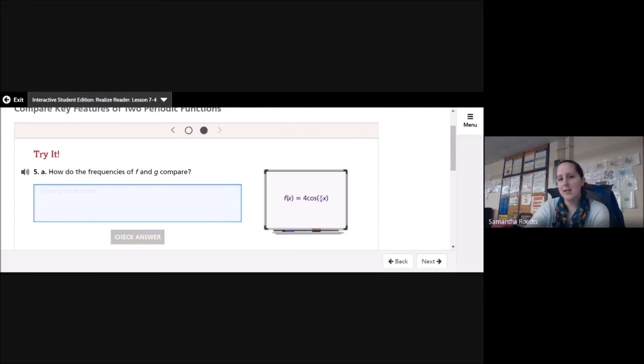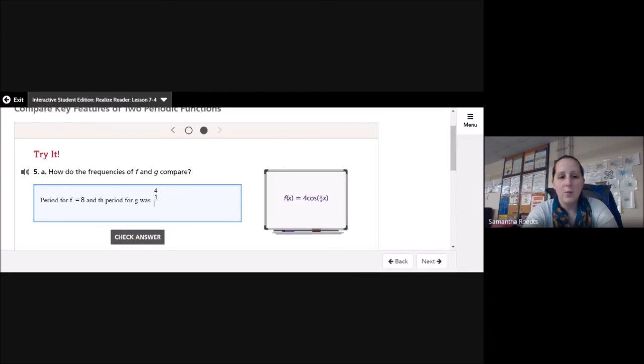How do the frequencies of f and g compare? Well, we learned previously that the periods are the reciprocals of the frequencies. So the period for f was 8, and the period for g was 4. So our frequencies are 1 over 8.